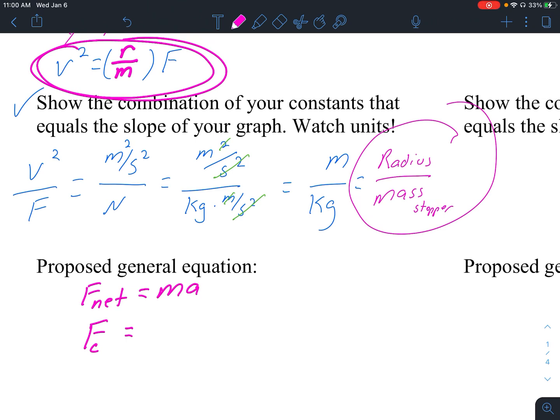So you would wind up getting mass times v squared over radius. Okay, so you're thinking, big deal, Mr. Ford. This is the neat part though.